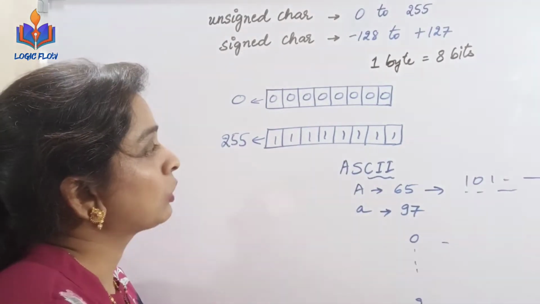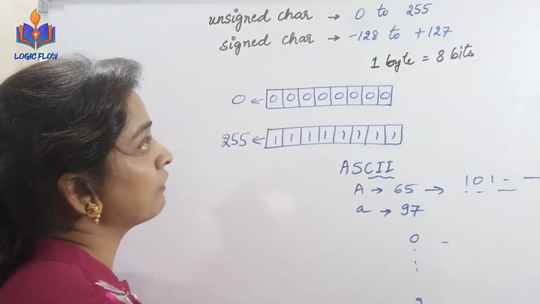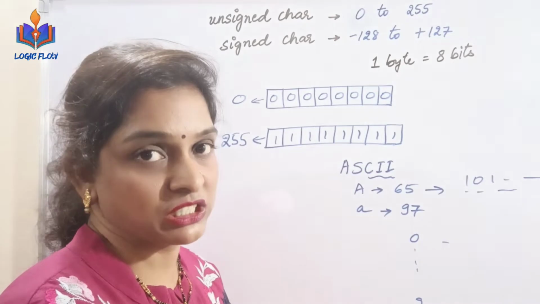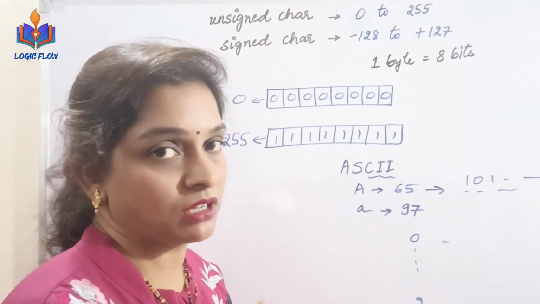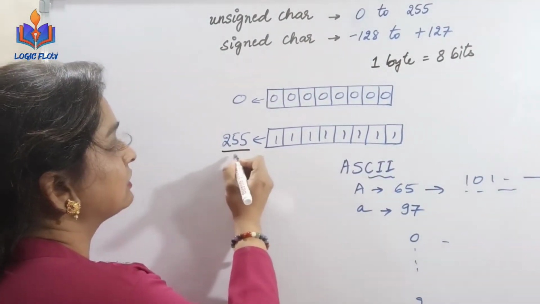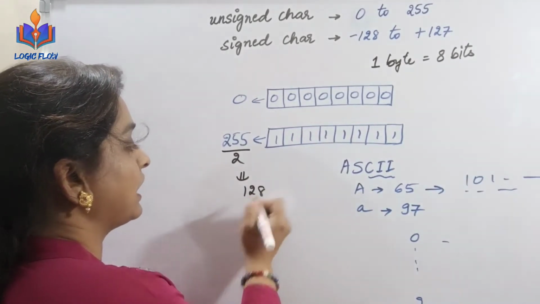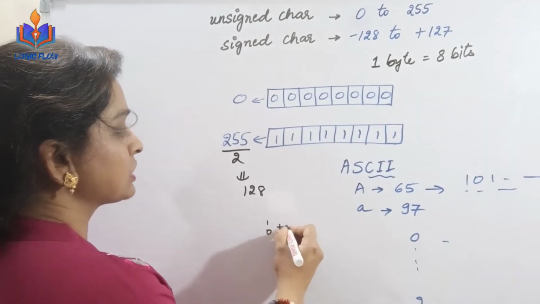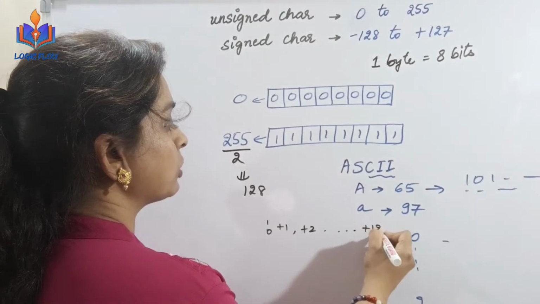But talking about the signed character, we have to have both negative numbers as well as positive numbers. So half of the numbers should be positive, and half should be negative. What we can do is divide this 256 by 2, where we get 128. So starting from 0, I say plus 1, 2, up to plus 127.